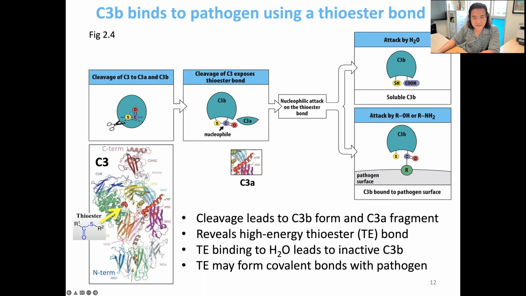So here is the simplified blue egg representation of a complement C3, right? And you'll see that tucked inside of it is this thioester bond, right? Down below is a much more realistic view of what this complement C3 looks like, right? Because again, it is a protein. It is a single polypeptide chain.